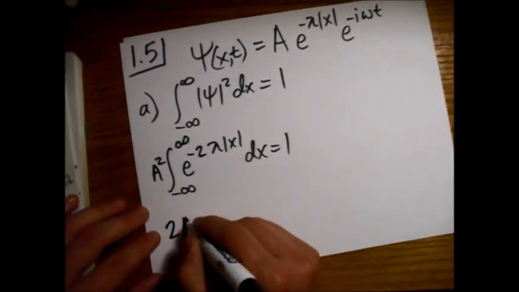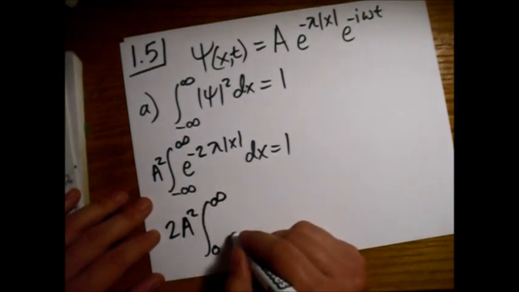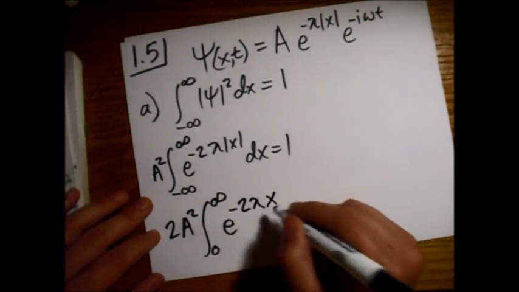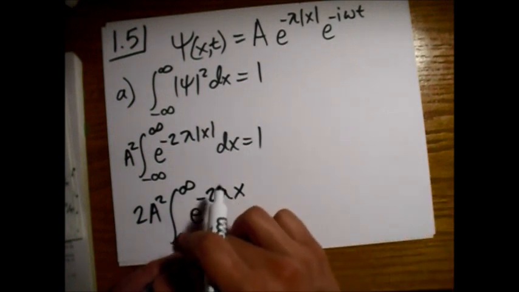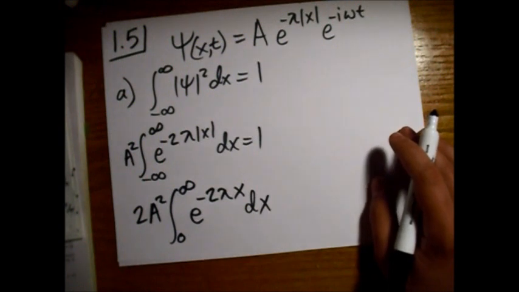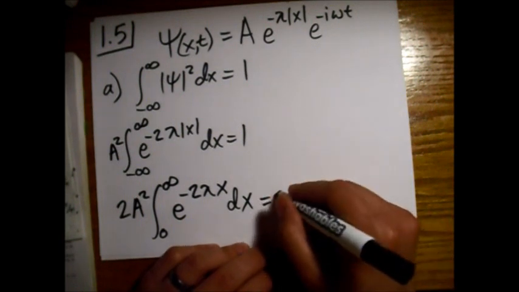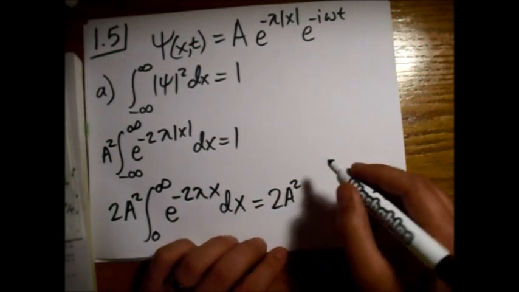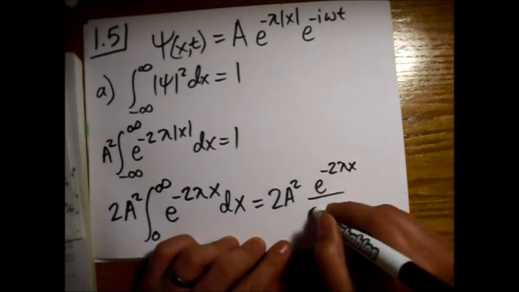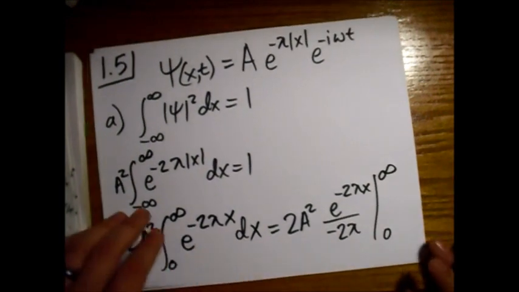So that's a 2A squared, 0 to positive infinity, and then just this same, and this will just be an x instead of the absolute value of x, since we're only going in the positive x range. Alright, so this is equal to 2A squared, and then we have e to the minus 2 lambda x divided by minus 2 lambda, evaluated from 0 to positive infinity.